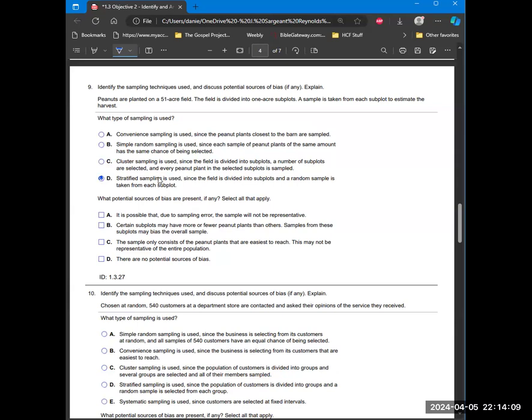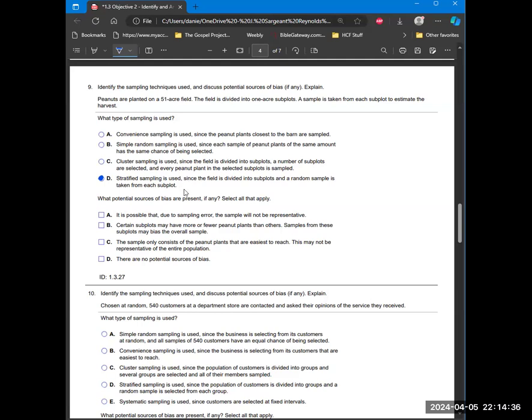And the reason I know it's stratified and not cluster is because we're taking a representative sample of each of the subplots, not an entire census of certain subplots, right? So a sample from every subplot as opposed to a total census from a sampling of the subplots, if that makes sense.